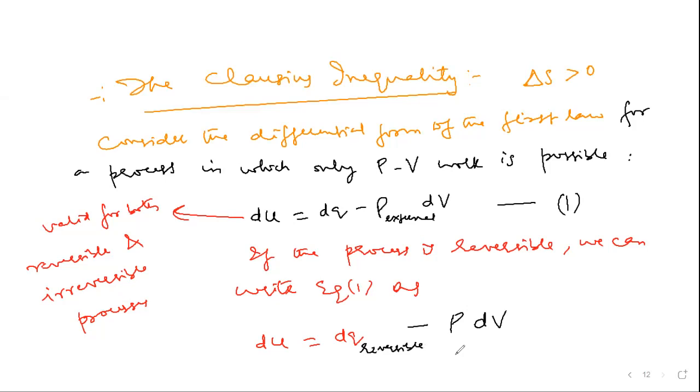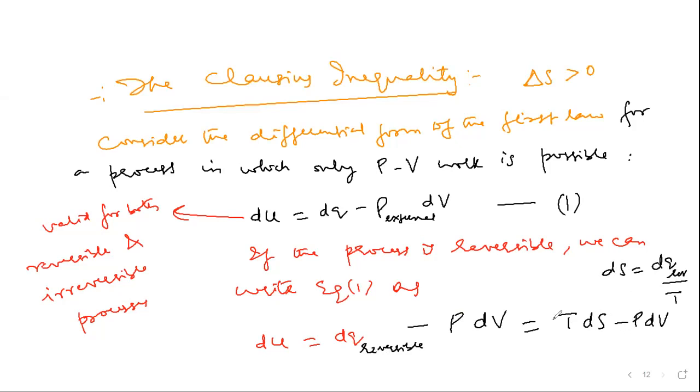And we know from the definition of change in entropy that dS is dq reversible over T. So you can write, therefore, dq reversible equals TdS. Therefore dU is equal to TdS minus PdV, right?